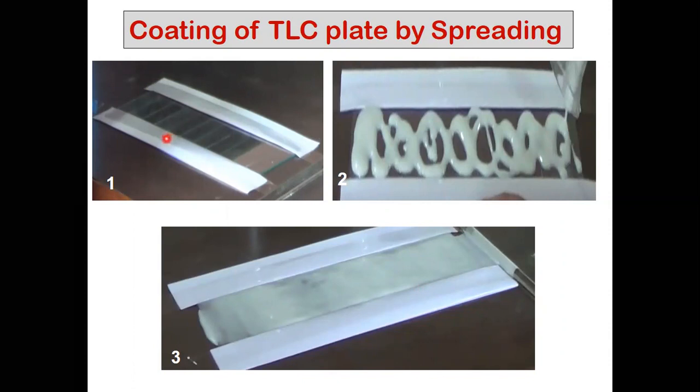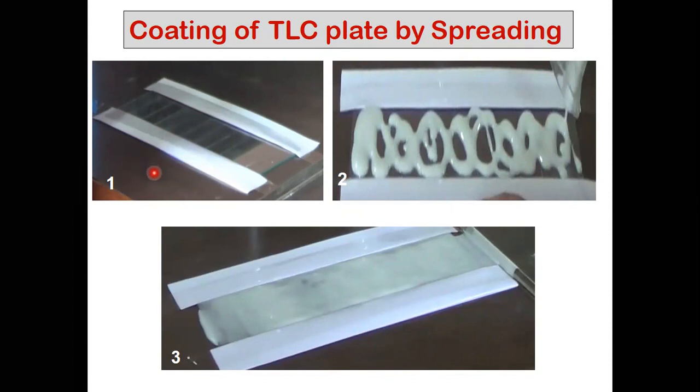All the slides are arranged evenly on the plane surface or flat surface, and by arranging them, prepare a TLC bed, and this TLC bed is tied up at the top and bottom with the help of a thin paper and the cello tape. So this is the TLC bed.